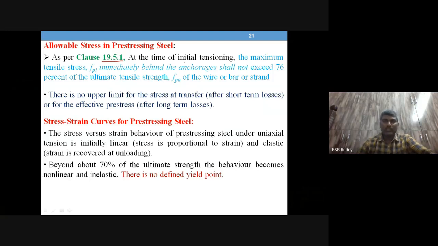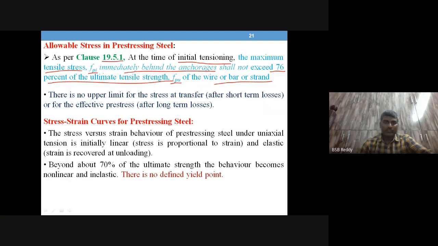What it says is, at the time of initial tensioning, maximum tensile stress fpi, initial, immediately behind the anchorages shall not exceed 76% of the ultimate tensile strength of the wire or bar or strand, whatever it is. So earlier code it was 80%. Now it is revised to 76%.